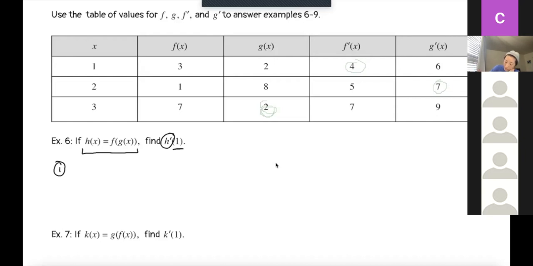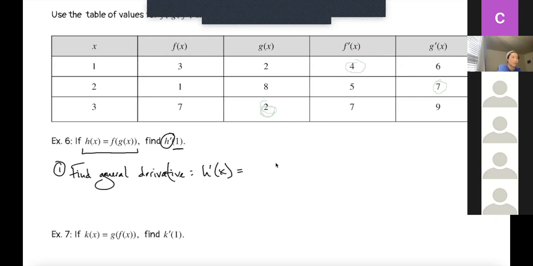If I have h of x equals f, and then g is inside of f, what is h prime of x? Let's look for that first. What is h prime of x in terms of f and g?